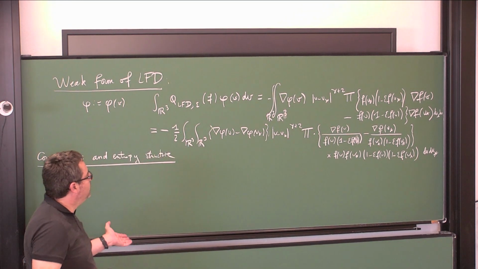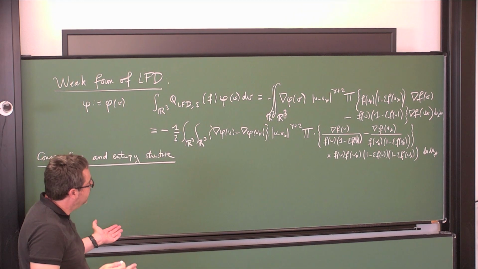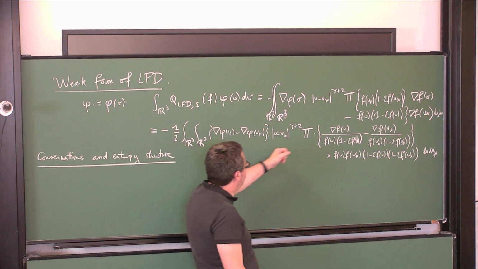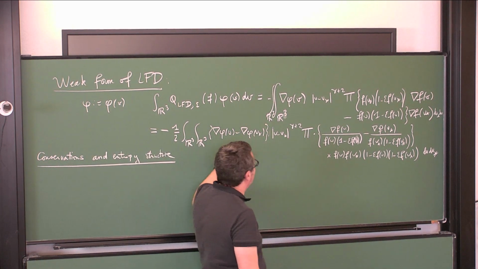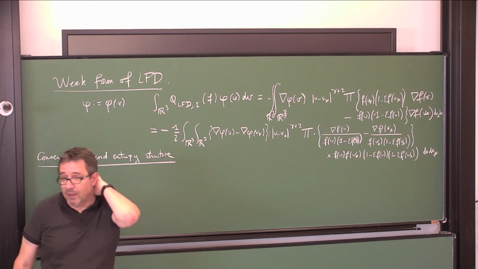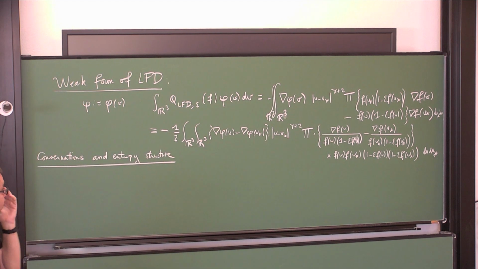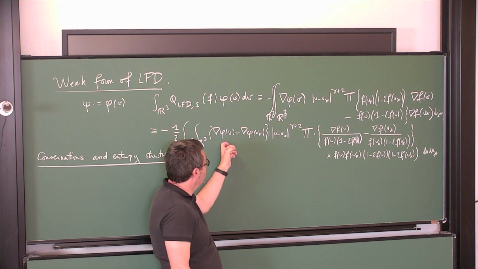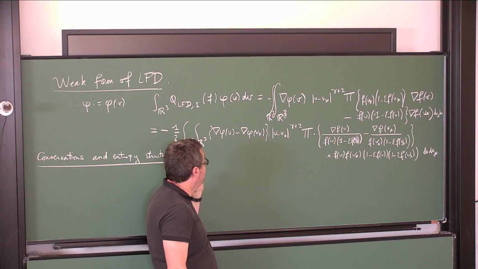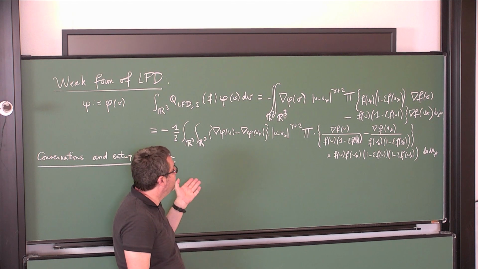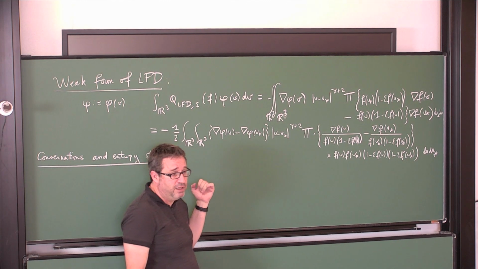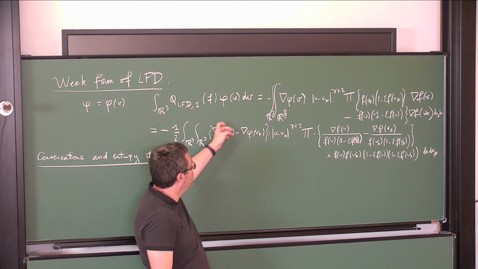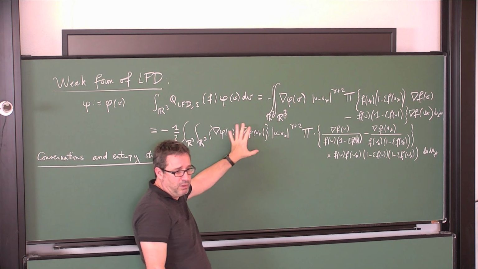So the question becomes, for which phi do you have that the projector applied to this quantity is equal to 0? So it's quite easy to see that if you take phi as a constant, this will be 0. If you take phi of v equal to some component of v, this will be also 0 because the gradients will be constant, it will disappear.